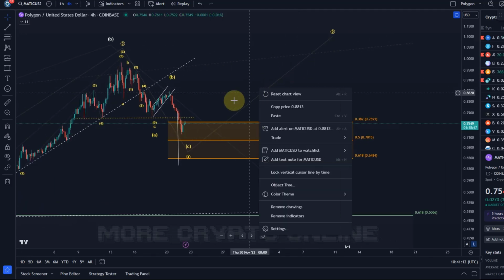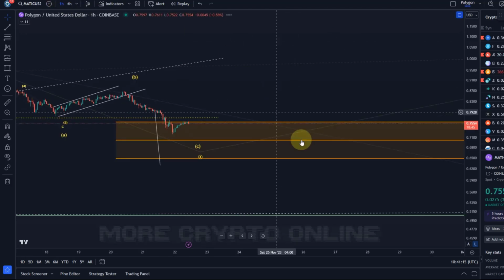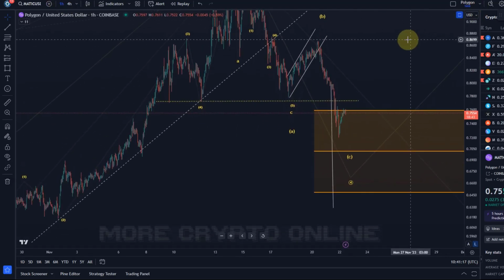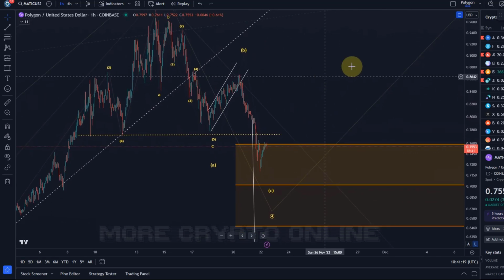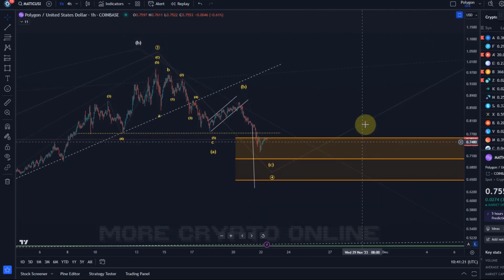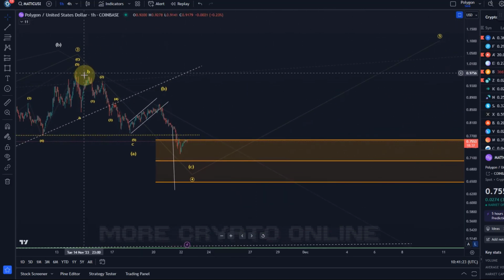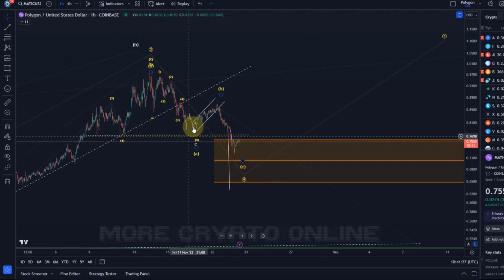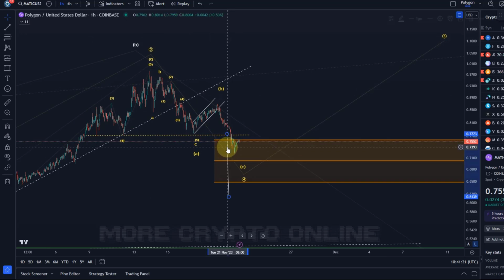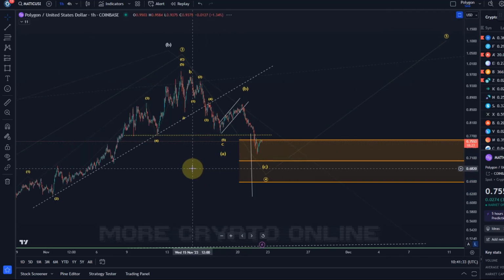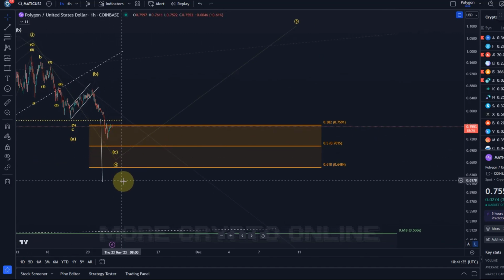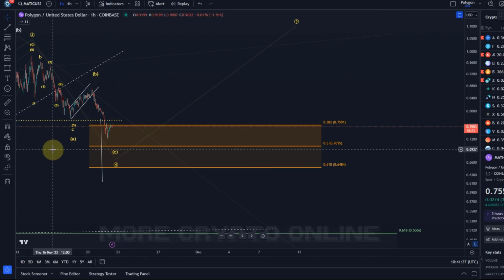What I shared with you yesterday as well, if I go to the 1 hour chart, is my idea that it could go a little lower because if we take the measurement of this head and shoulders pattern, from the proper breakout point, the target would take us down to around 61 cents.